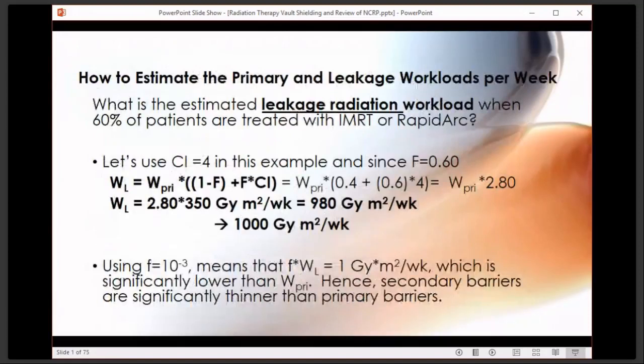How do we estimate the radiation leakage workload when, let's say, 60% of the patients are treated with IMRT or RapidArc?